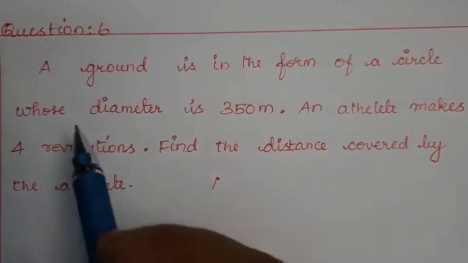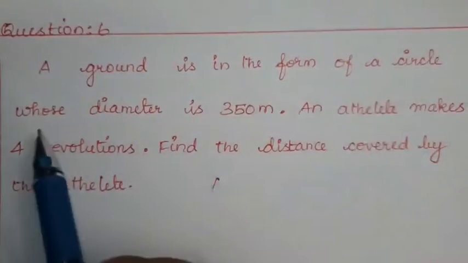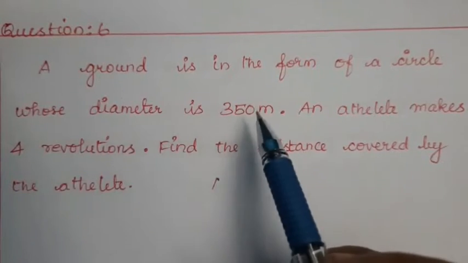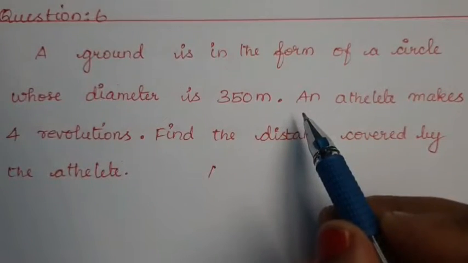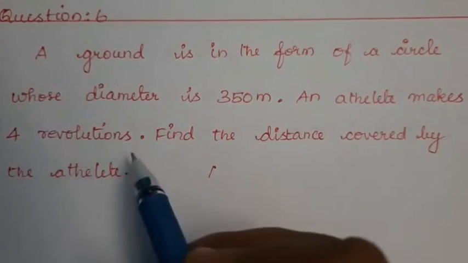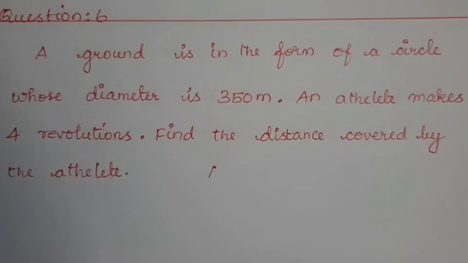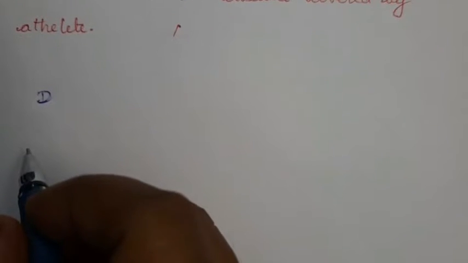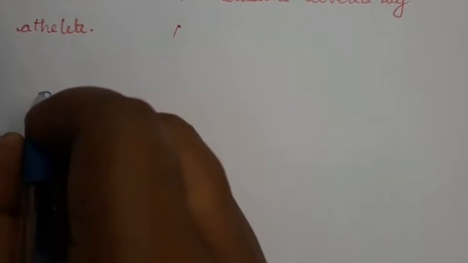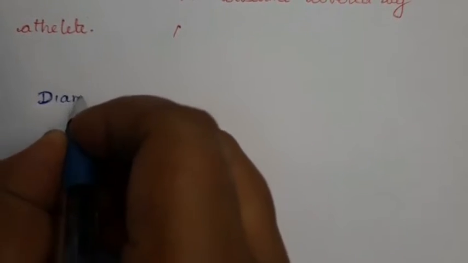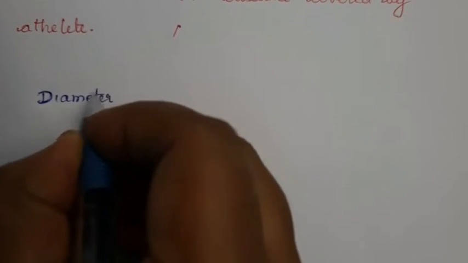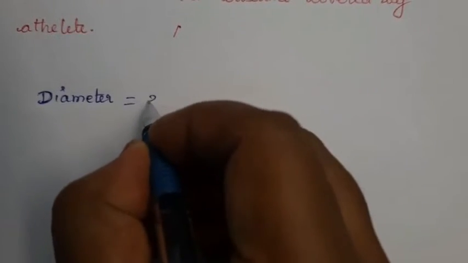Question number 6. A ground is in the form of a circle whose diameter is 350 meter. An athlete makes 4 revolutions. Find the distance covered by the athlete. From the question, the given diameter is 350 meter.